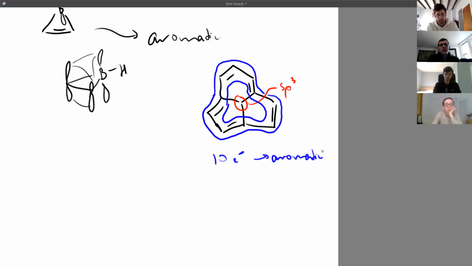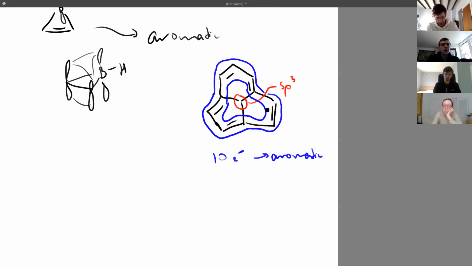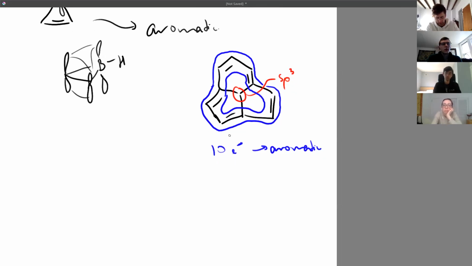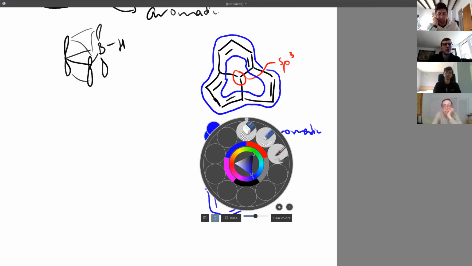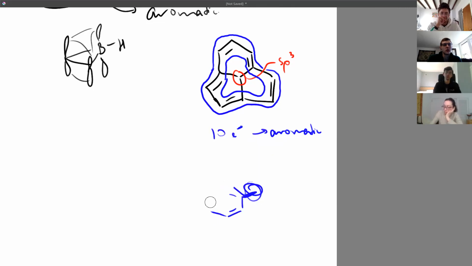It's analogous to if you just have a benzene with a methyl group hanging off, but it doesn't care. This thing is still aromatic at the end of the day. This doesn't actually affect it in the same way that a methyl group just sitting there doesn't affect the aromaticity of the whole rest of the big structure. Got it. Yeah.